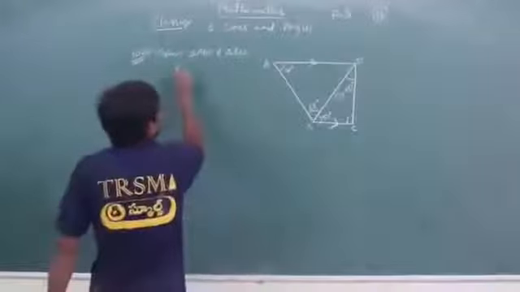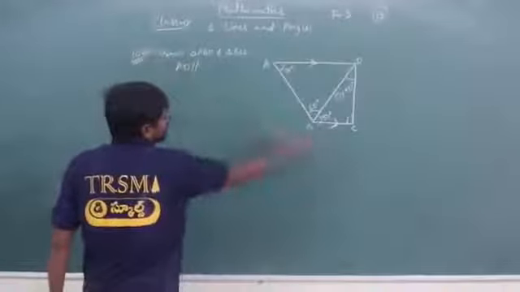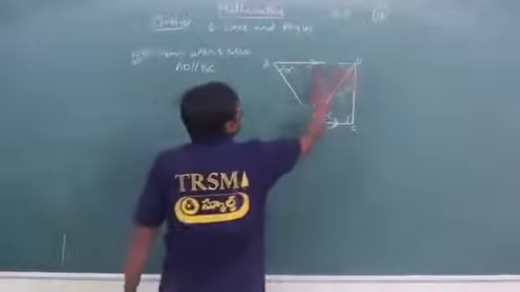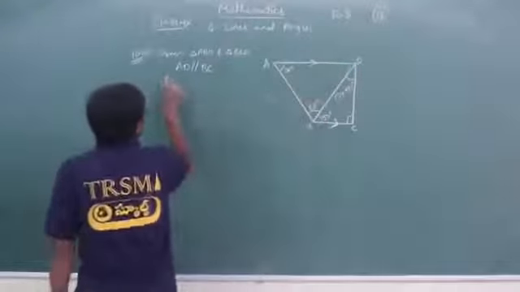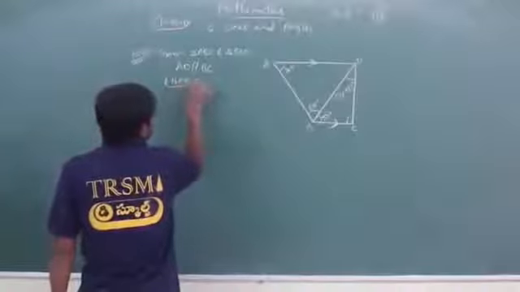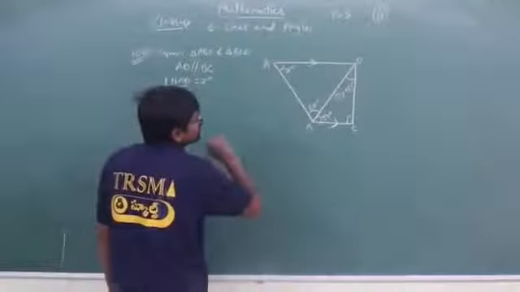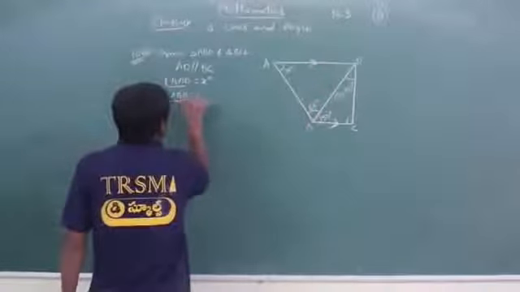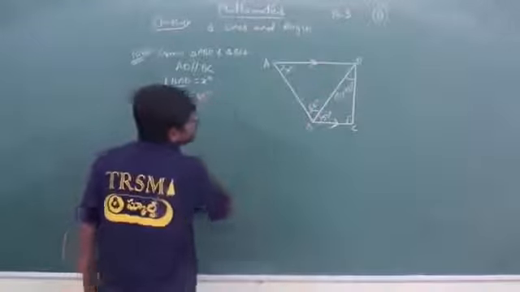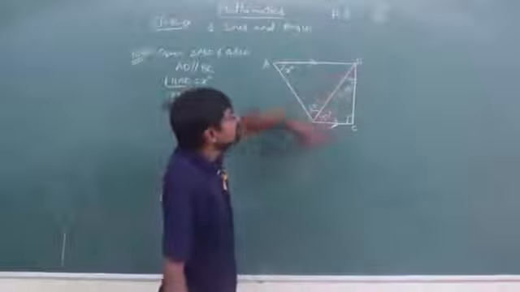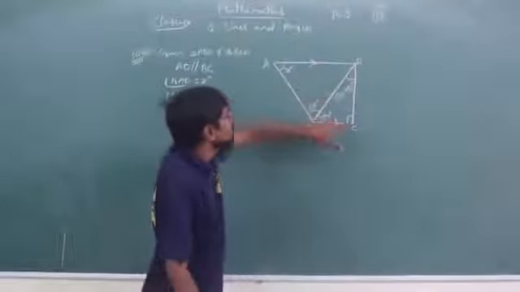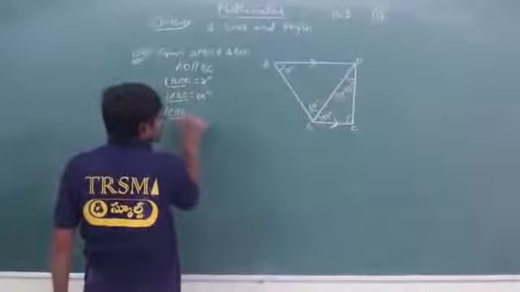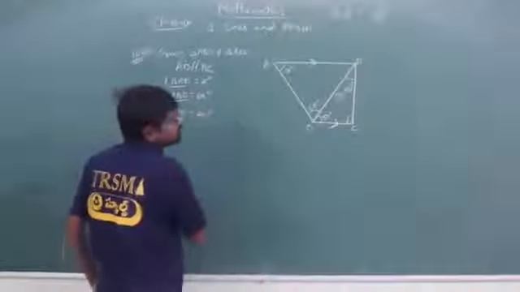Again he has given AD parallel to BC. Similarly, the value of angle BAD is equal to x degree. Similarly, angle ABD is equal to 65 degree. Similarly, angle CBD is equal to 52 degree.